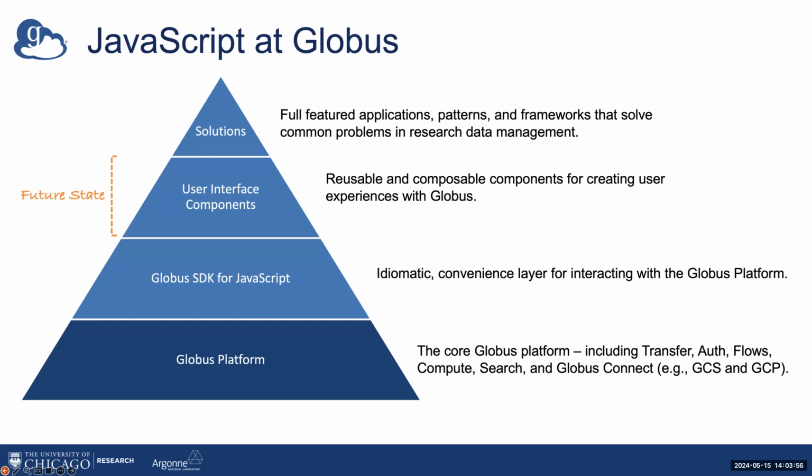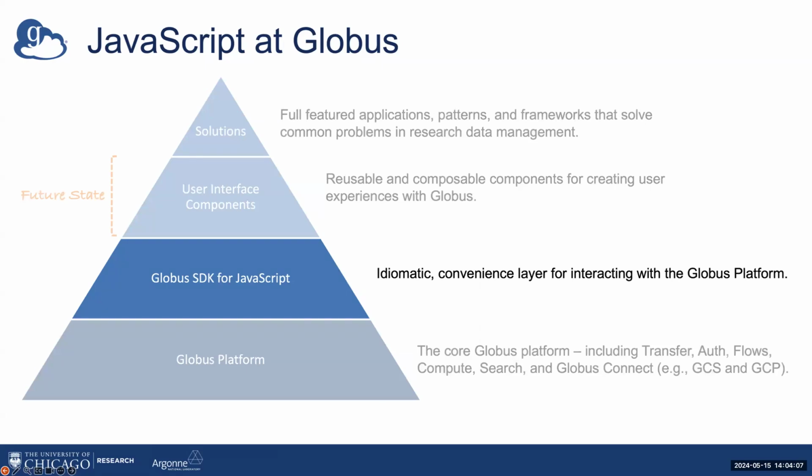Instead, you're grabbing an entire application that we've put together that solves a specific need in the data research realm. But today, we're going to be focusing primarily on the SDK for JavaScript. I'll definitely touch on some of the other things and some of the use case examples, but really today I want to make sure we go over the SDK pretty in depth.